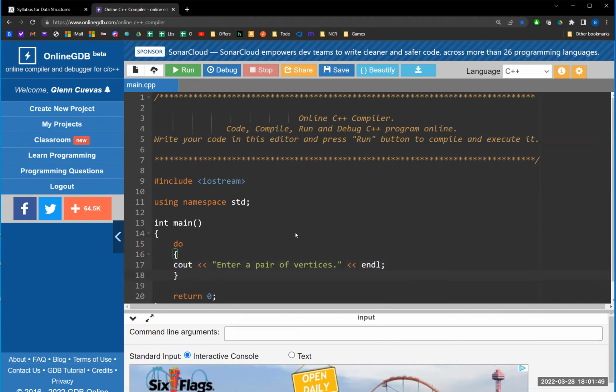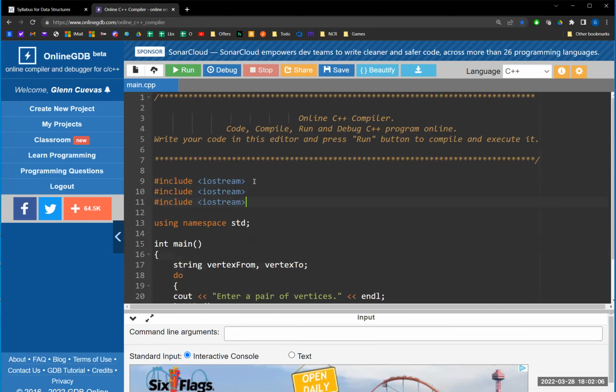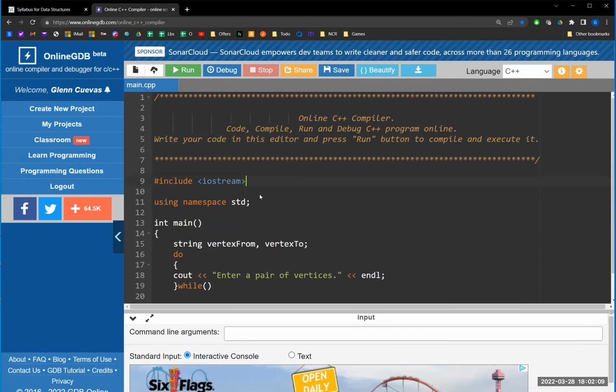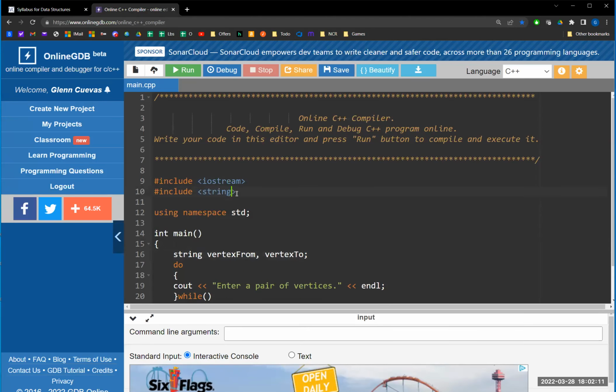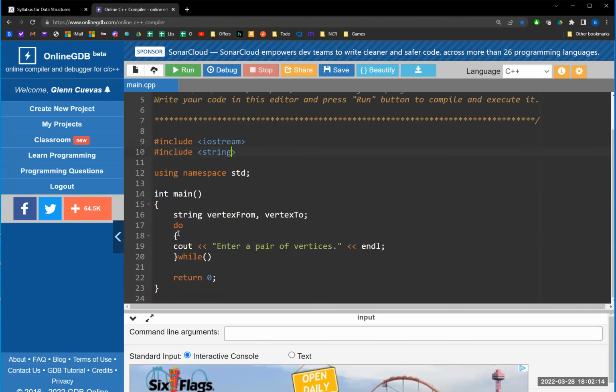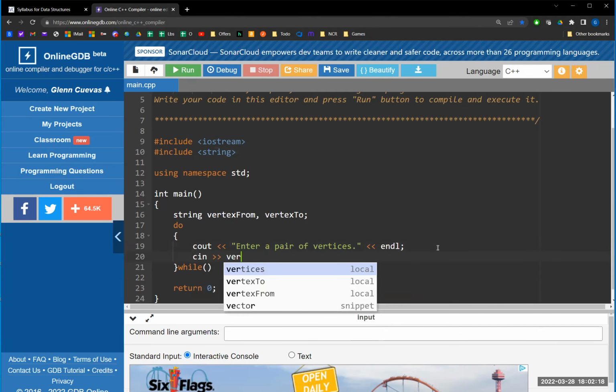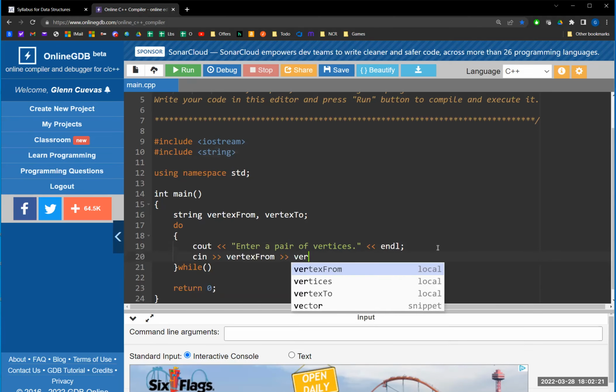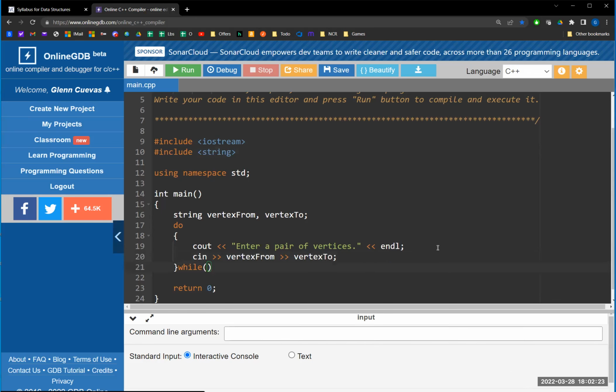So just do a loop here that is going to keep populating our strings as well.